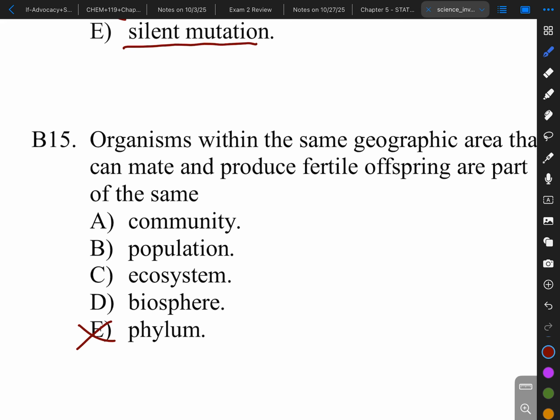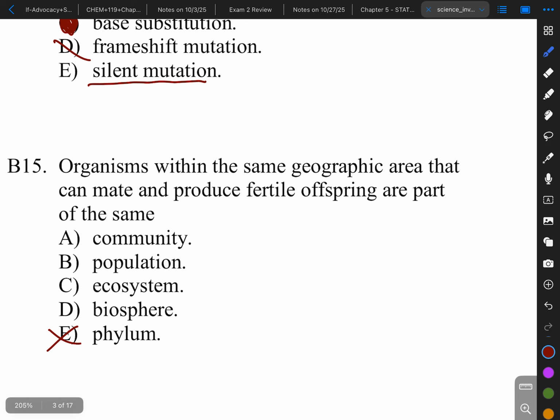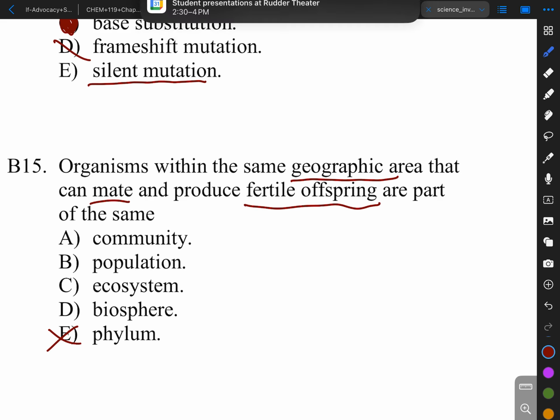Now we're talking about the same geographic area where they can mate. So mainly, if they're able to mate, what does that mean? They also have to produce fertile offspring. So think of, for example, any animal at the same species.